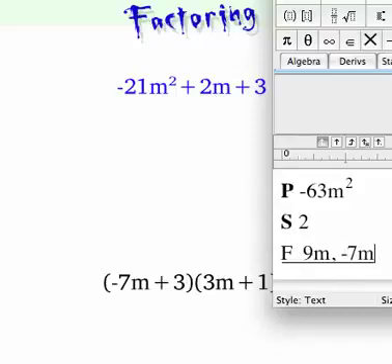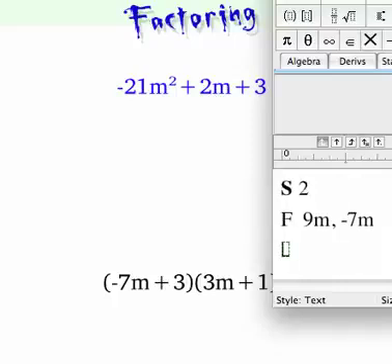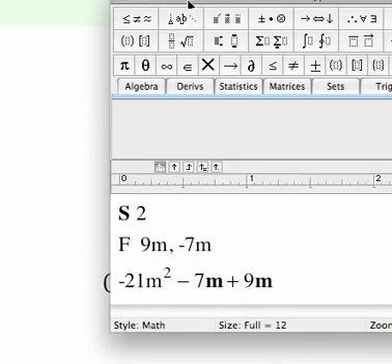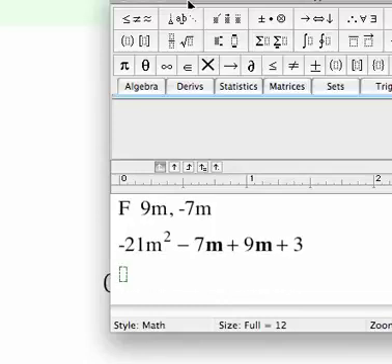So then when we go to write our factors, we write -21m squared, take away 7m, so we can factor, and then plus 9m, plus 3. So we're grouping the factors.